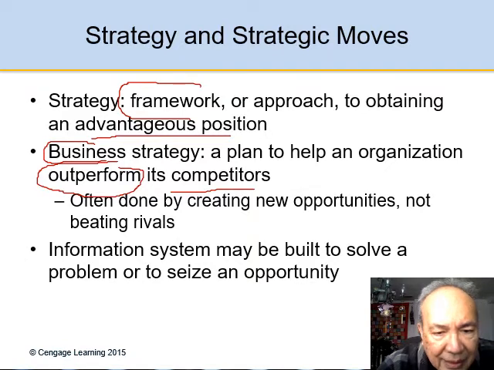Always remember that in a capitalist economy like the United States, there is always competition. What is competition? Businesses selling the same product or doing the same business. Now, what do you mean by outperform?